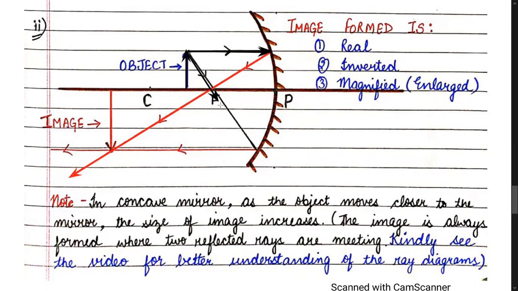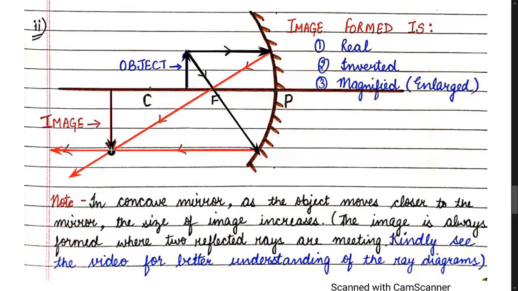Second case is if the incident ray is passing through focus, what will happen now? The reflected ray will be parallel to principal axis. Listen carefully, wherever the two reflected rays intersect each other, there is the point of formation of image.